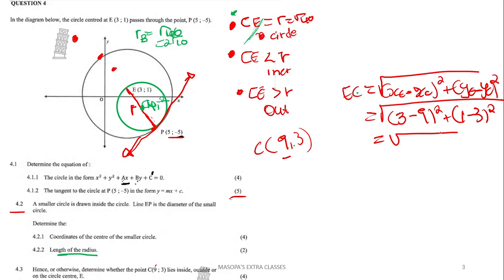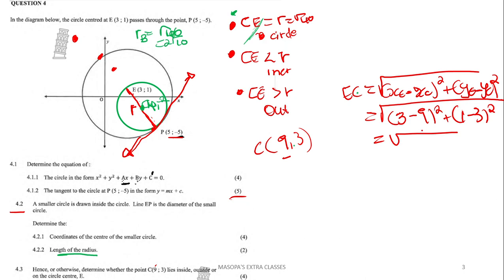Then in the distance formula you have root of: 3 minus 9 gives negative 6, and negative 6 to the power of 2 gives the positive answer, 36.